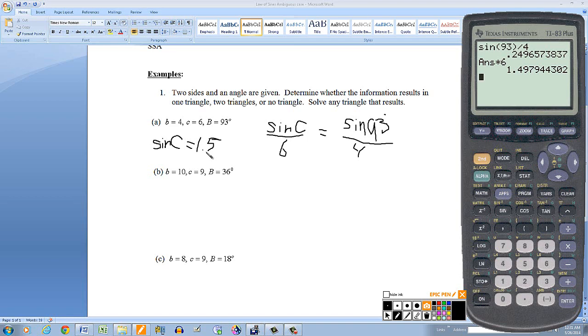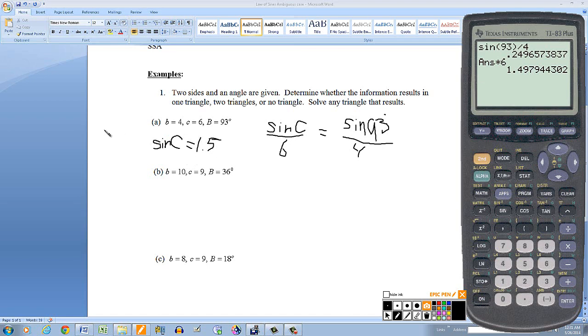Okay, so this is the easy case when there's no triangle. All you have to do is follow the procedure. You're given the information. So what angle do I try to find? To set up this formula, I use all the information given here. The sine of an angle over the opposite side should equal the sine of an angle over the opposite side. Set up the equation, and if this is impossible right here, then no triangle is possible.